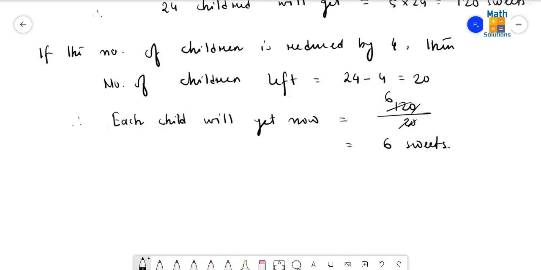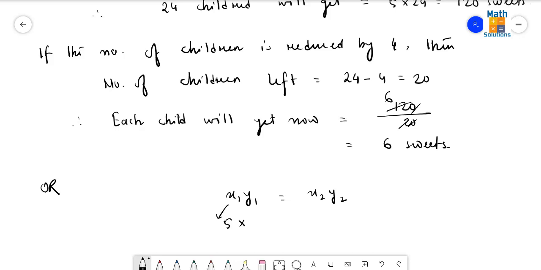This can be done using this formula also, x1 y1 is equal to x2 y2. In place of x1 we are writing, suppose, the number of sweets, and y1 is the number of children.